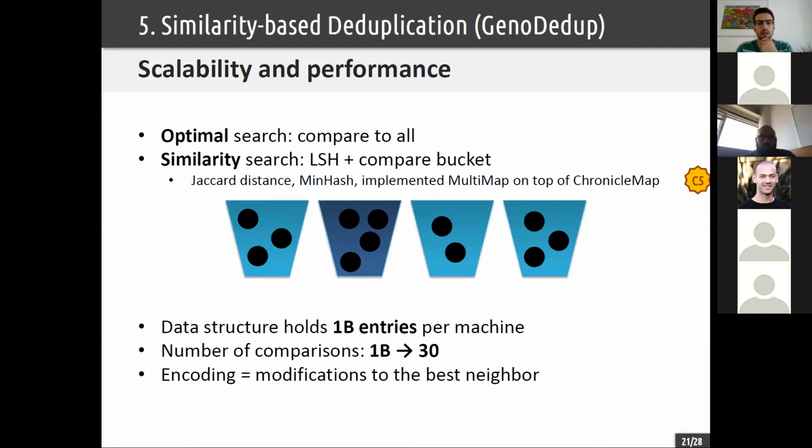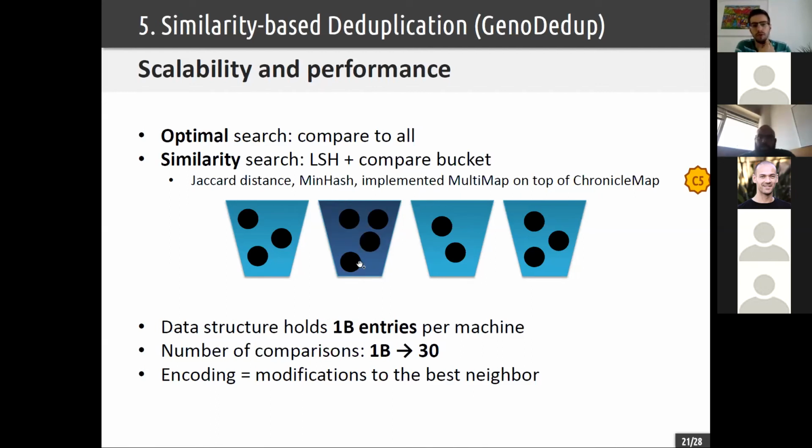And lastly, we also implemented a locality sensitive hash, which basically divides the deduplication index into several buckets. And when you query one entry, one line, it will say, okay, in these buckets are the most similar entries to the queried one.